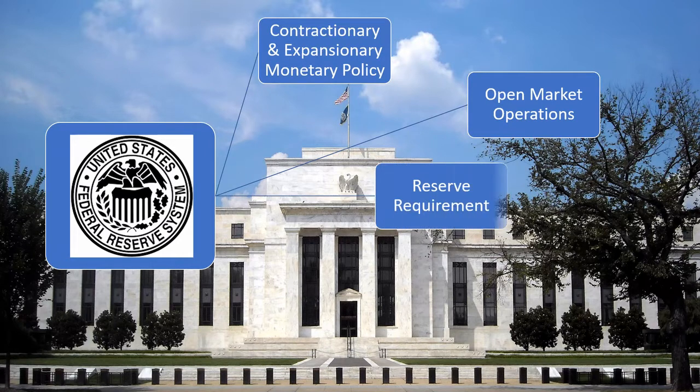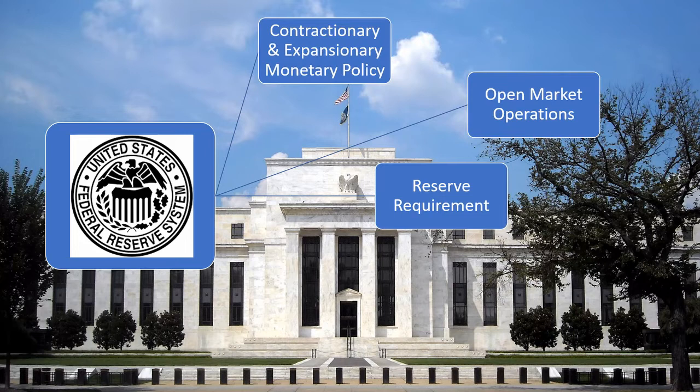In the course of banking regulation, the Federal Reserve requires banks to have a certain amount of money on hand at all times. This is called the reserve requirement. So at the end of the day, the bank has to have this amount of money, and the Federal Reserve can change this amount.